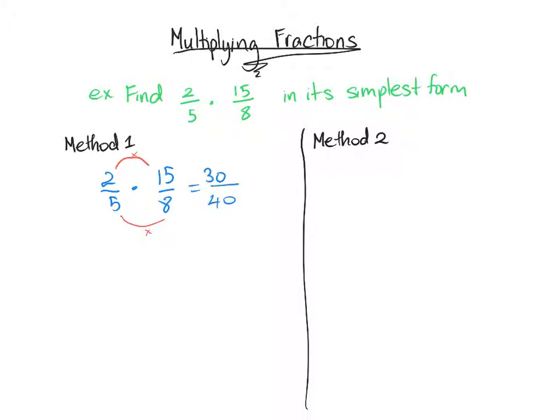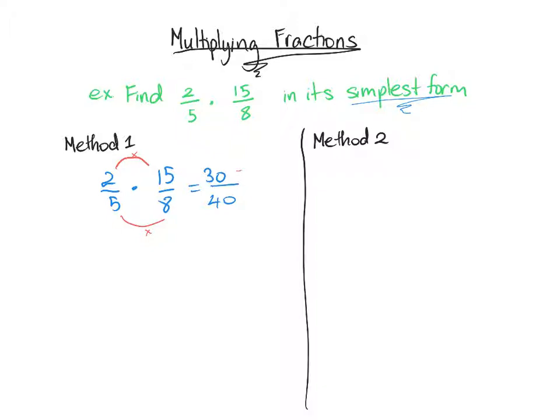So at this point, we are not done, because the question wants the answer in the simplest form, and it is not in its simplest form, as we just learned. As long as there is a factor that can go into both the numerator and the denominator, it needs to be simplified. So if you look at the factors of 30 and the factors of 40, you may recognize that 10 is a common factor.